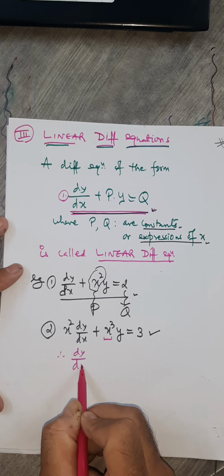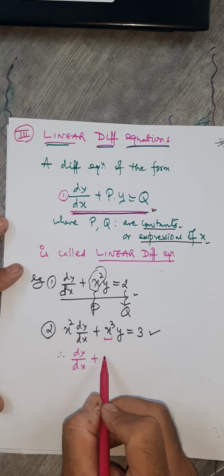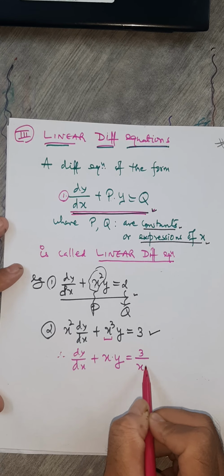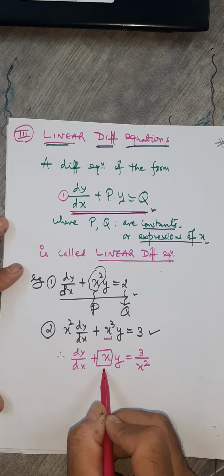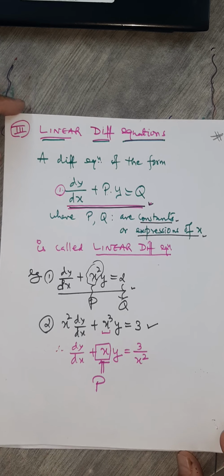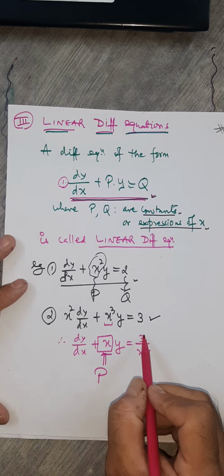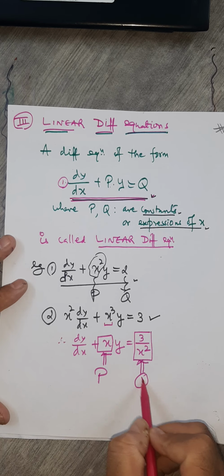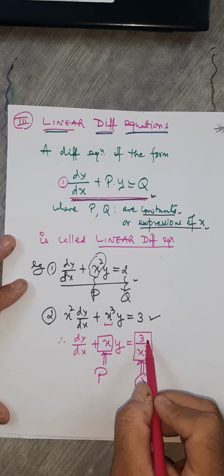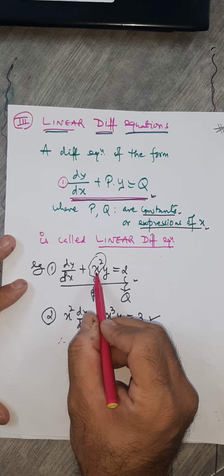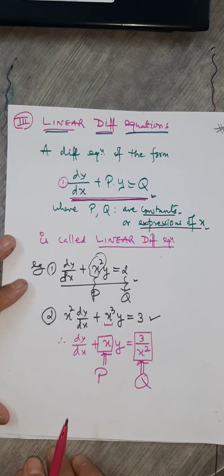So dy by dx plus x into y equals to 3 by x square. Now this represents p, remember. If you directly wrote p equals to x cube, it's wrong. And this is q. So p is x, and here q is 3 by x square. Earlier q was a constant, here it is an expression of x.